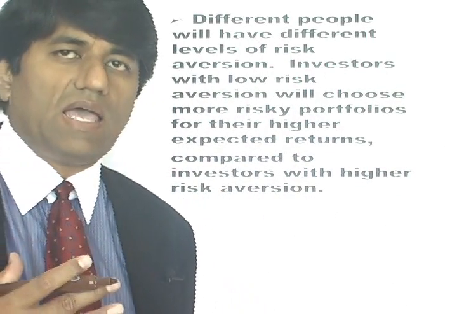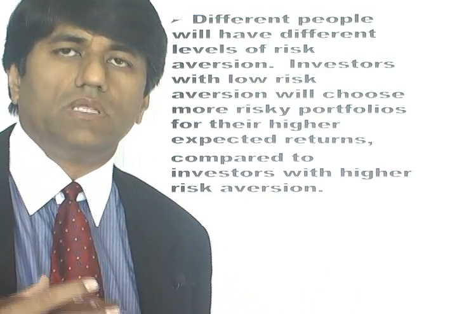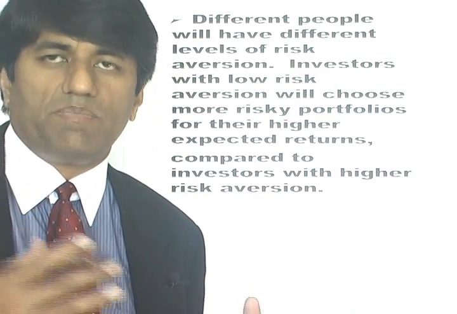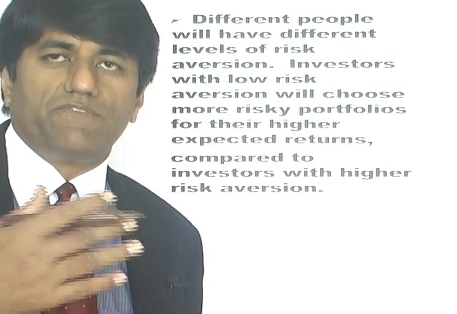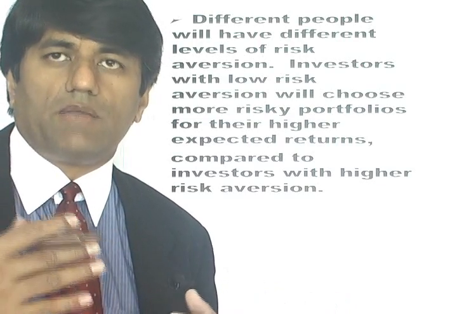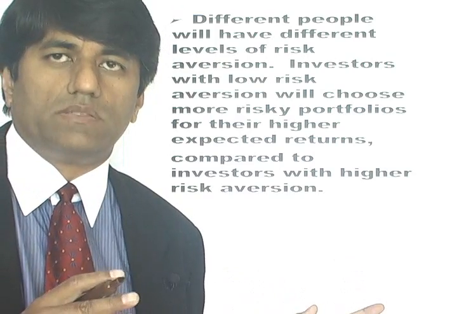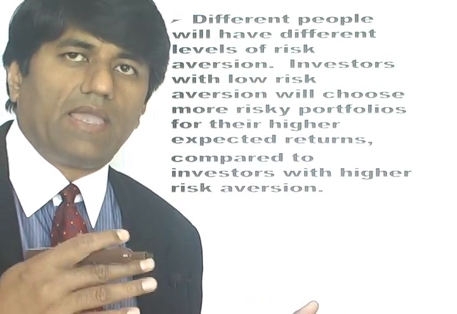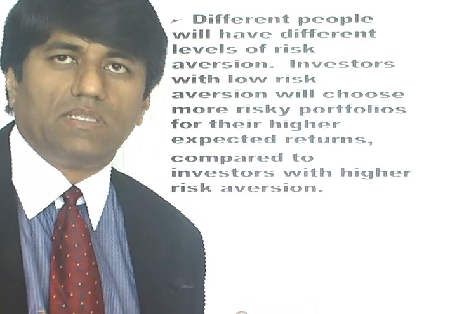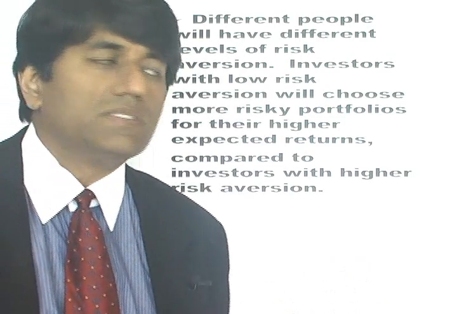Now, different people have different levels of risk aversion. It could depend on their personal taste. It could depend on where they are in their life cycle. If they're closer to retirement, they may not want to take on risk. If they are younger, they may say, over a longer time horizon, I think I'm okay taking some risk.